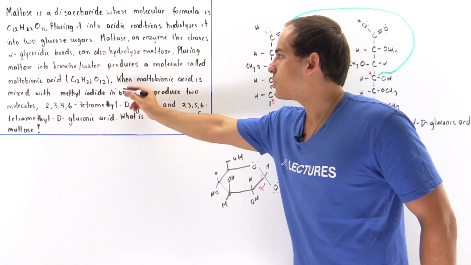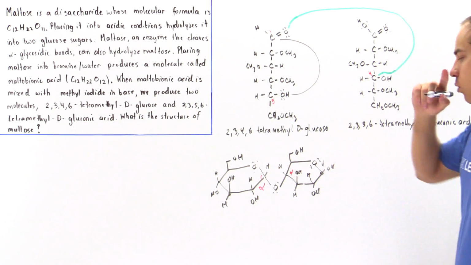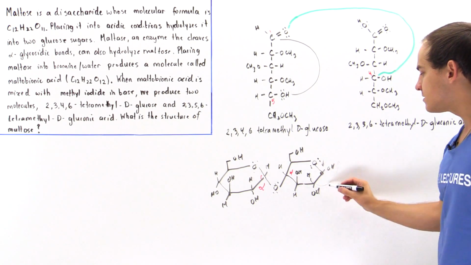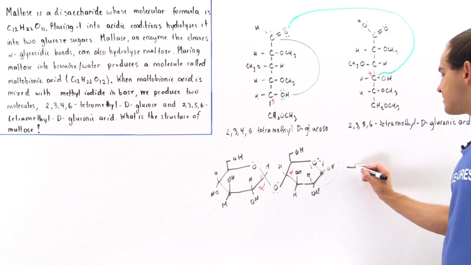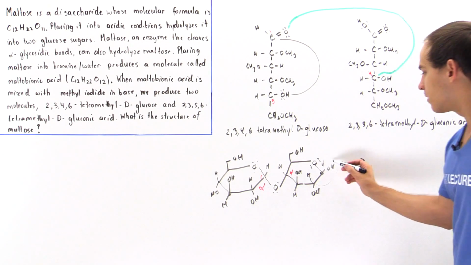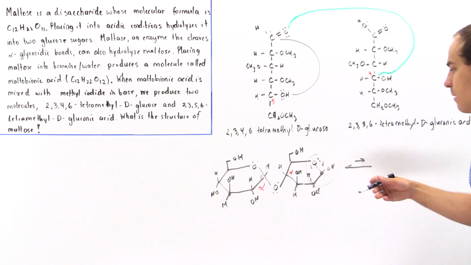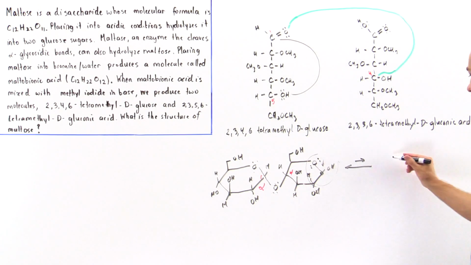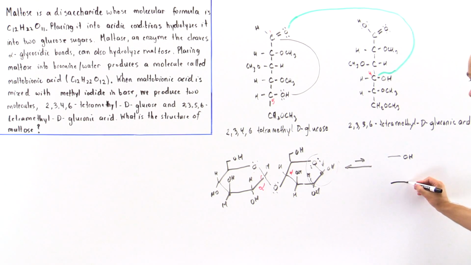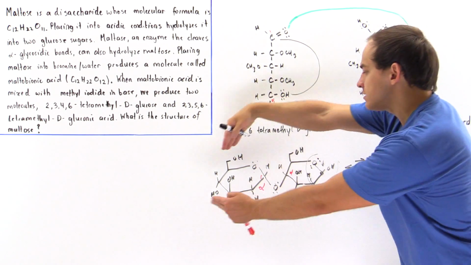And when we mix it with bromine and water, what basically happens is this hemiacetal section exists in an equilibrium with the free aldehyde form. So this section of this molecule can basically open up and we get the following diagram. So this region becomes an OH and the bottom region becomes an aldehyde group. So I'm not going to draw the rest of the molecule.